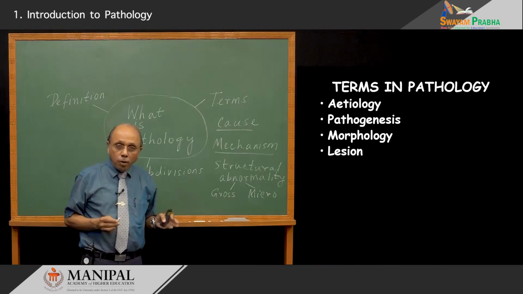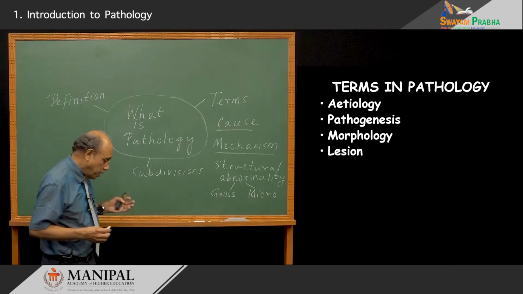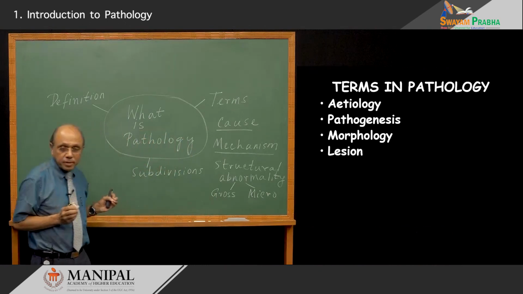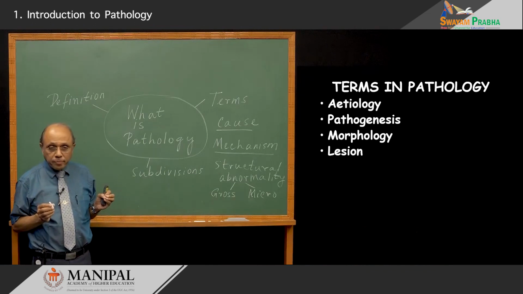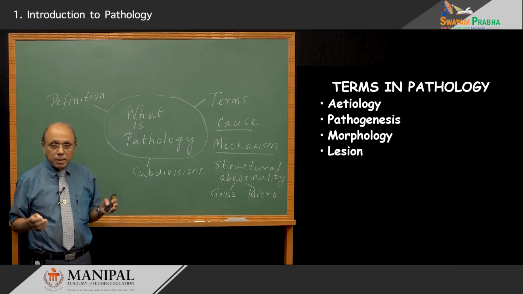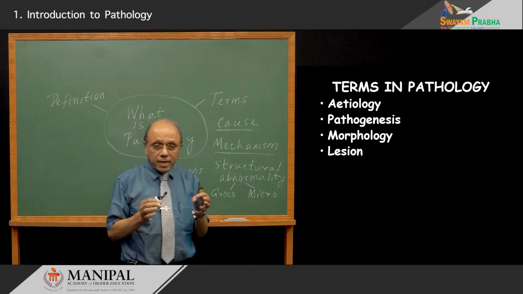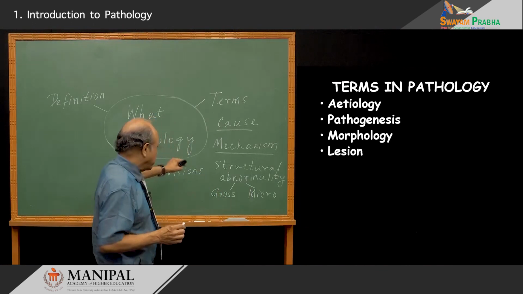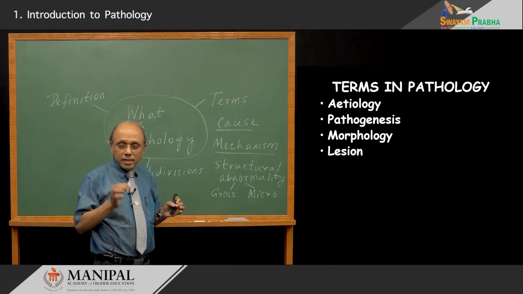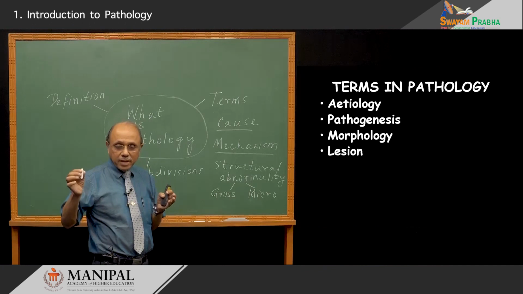Another term that is very often used in pathology is the word lesion. A lesion refers to a specific area which has become abnormal. So, we refer to that structural abnormality as a lesion. For example, the area that is affected by tuberculosis in the lung, we can call that the lesion.